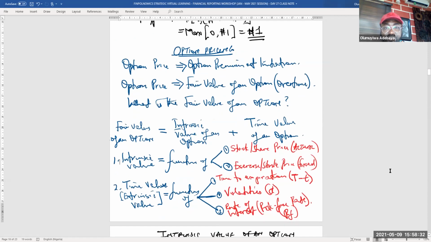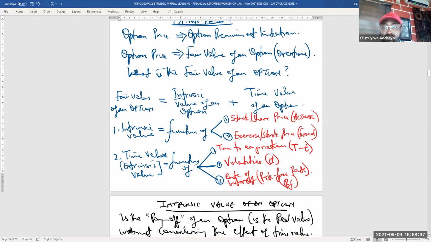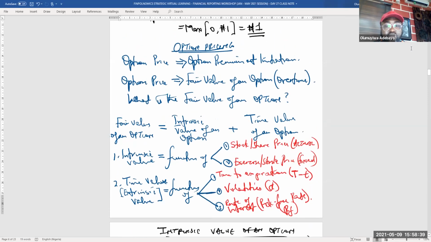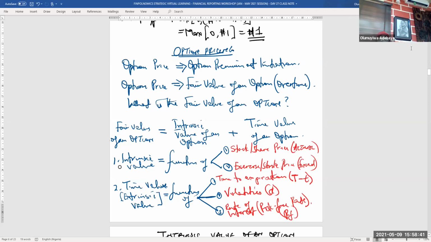Have you seen where the stock price is? This is the share price. It's just an input, okay? And the fair value of the option requires these 5 inputs. And that's what you can see here. Any other question?